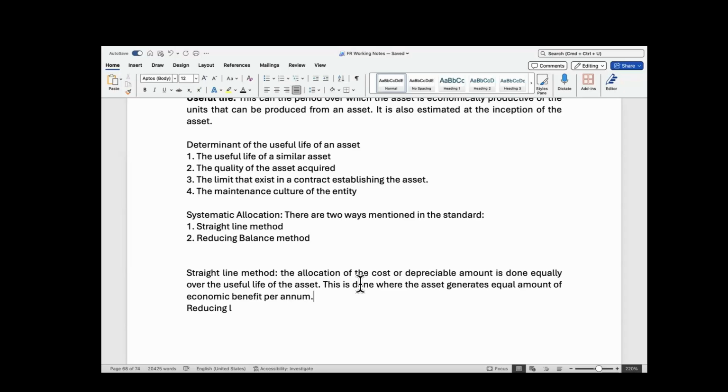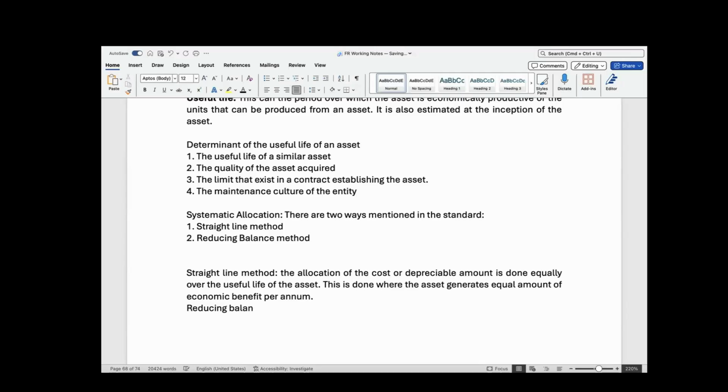Then if you are looking for how to do that, it should be based on usage. So if an asset generates equal amount of economic benefit every year, then you should allocate that cost equally. So it's flowing with the pattern of economic benefits.